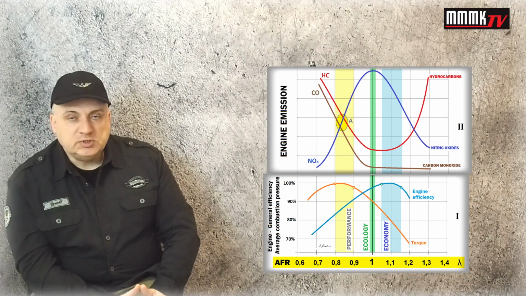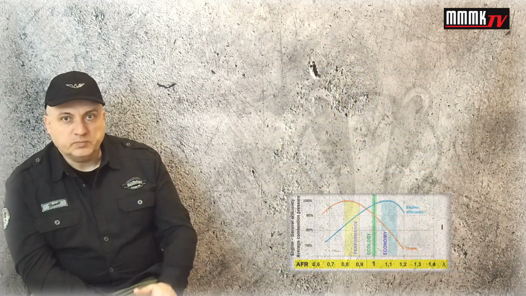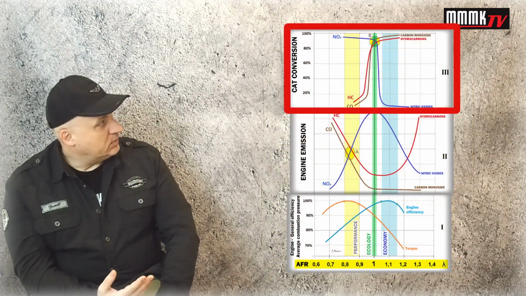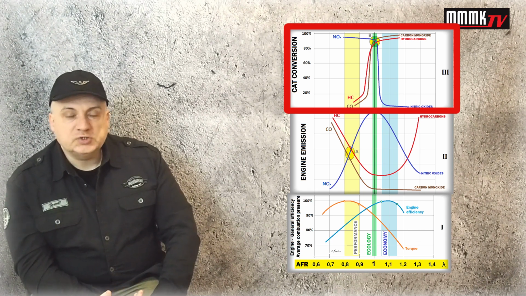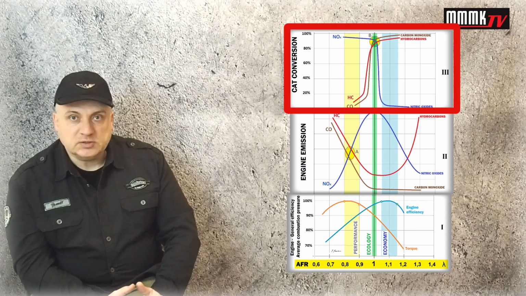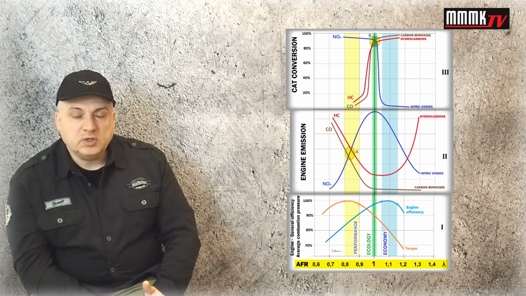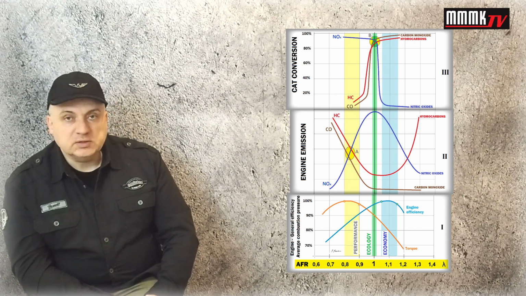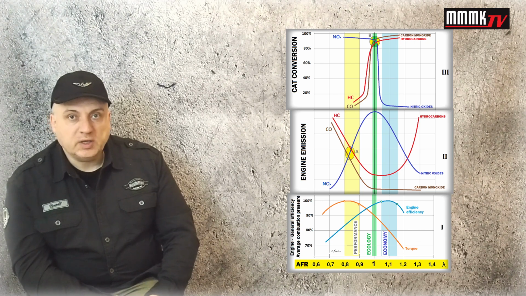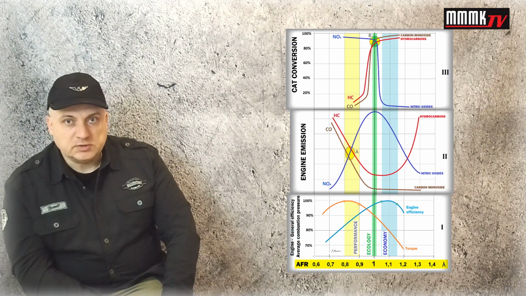Now it is time to see the third diagram on the very top of those two. That third diagram represents the efficiency of the catalyst, the efficiency of converting those three ingredients. By the way, we call this catalyst a three-way catalyst, just because it deals with those three ingredients.